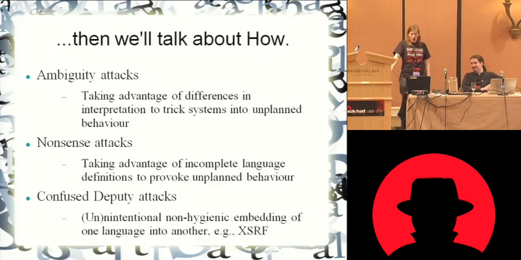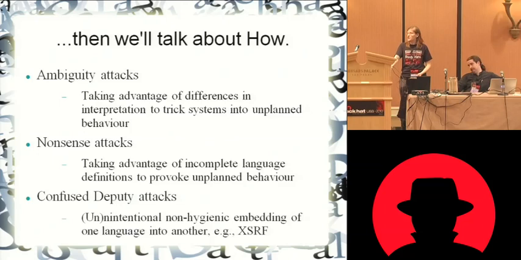Nonsense attacks are when you basically throw semantically meaningless junk that just happens to parse at an underspecified language, and see what you can get the implementation to do. A lot of fuzzing falls into this class.